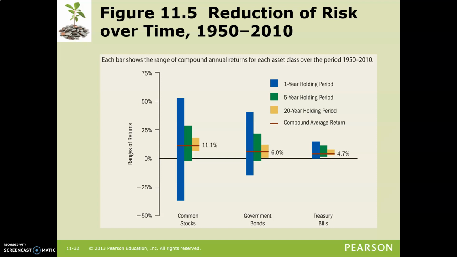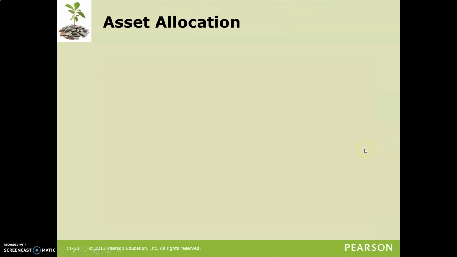You look into treasury bills, 20-year holding, 5-year holding, 1-year holding, and it shows the average range of returns that you get. So if you invest in the riskier assets, it gives you higher returns. If you invest in the safer investment, it gives you this much of return.